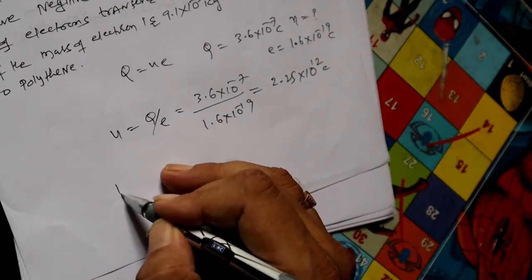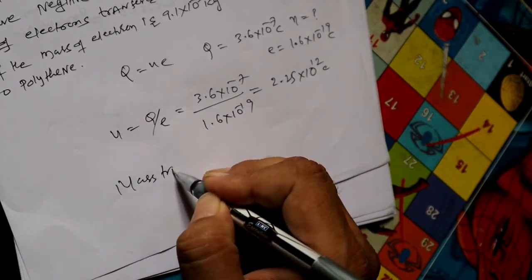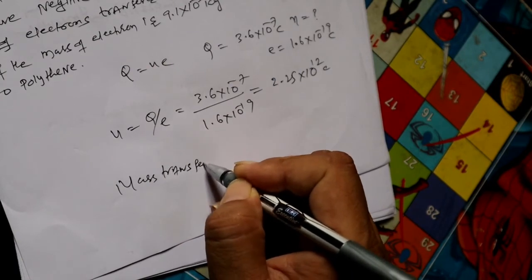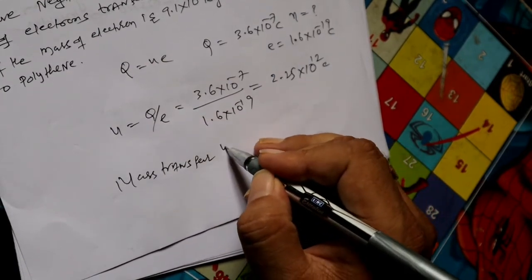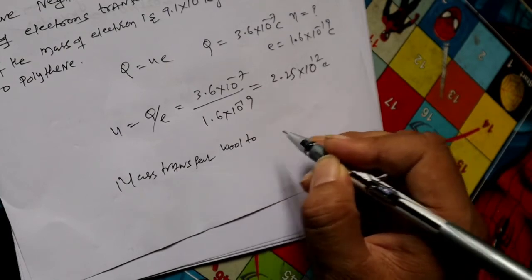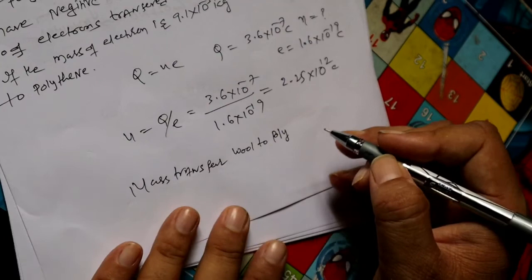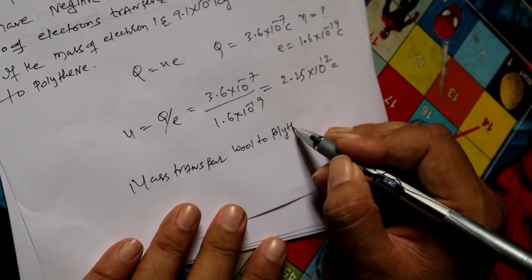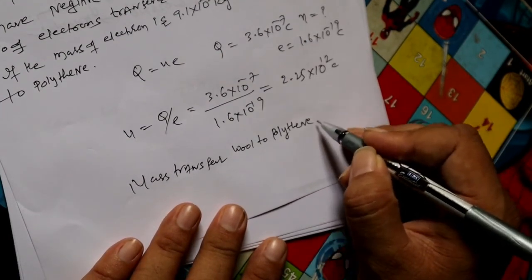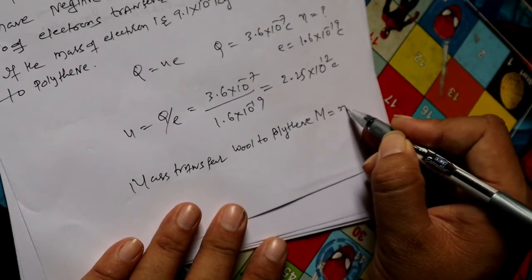Mass transfer from wool to polythene: we know that M is equal to Nm.